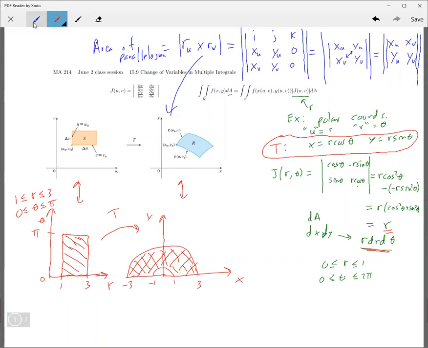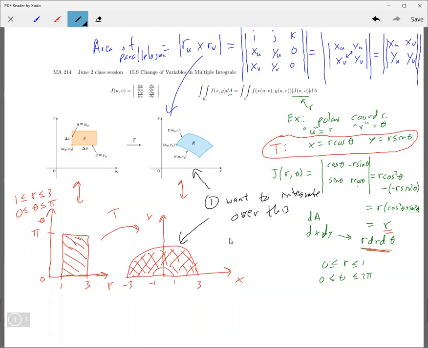So what happens is, one, you want to integrate over this region. So either that or that. So you're integrating over this region here.